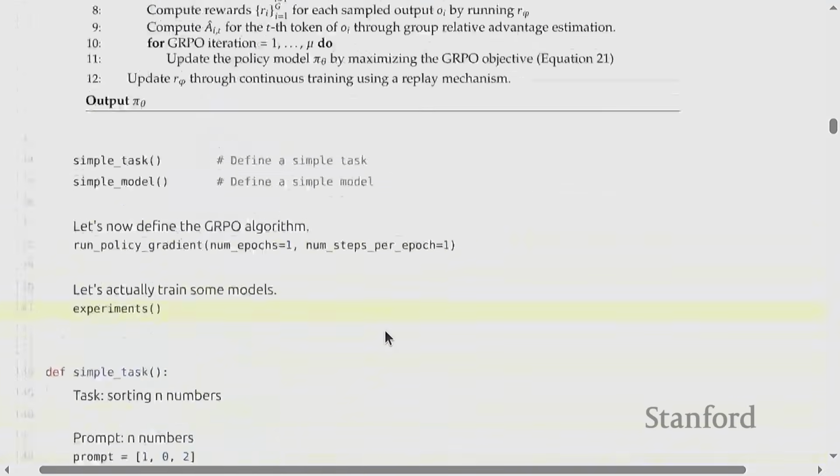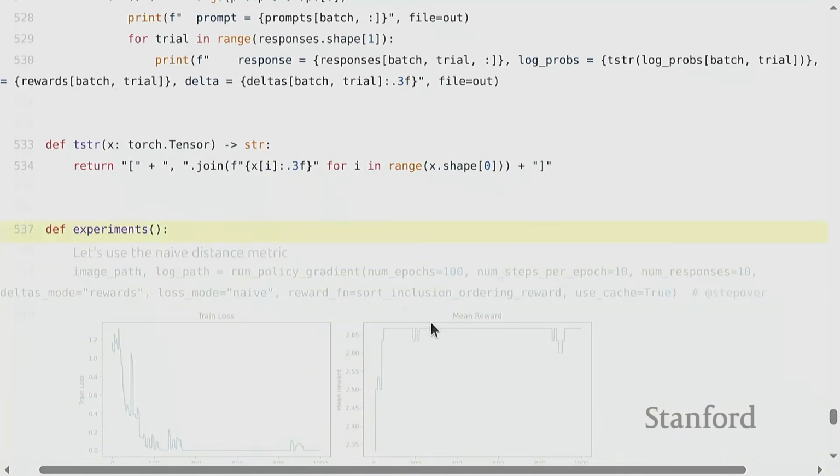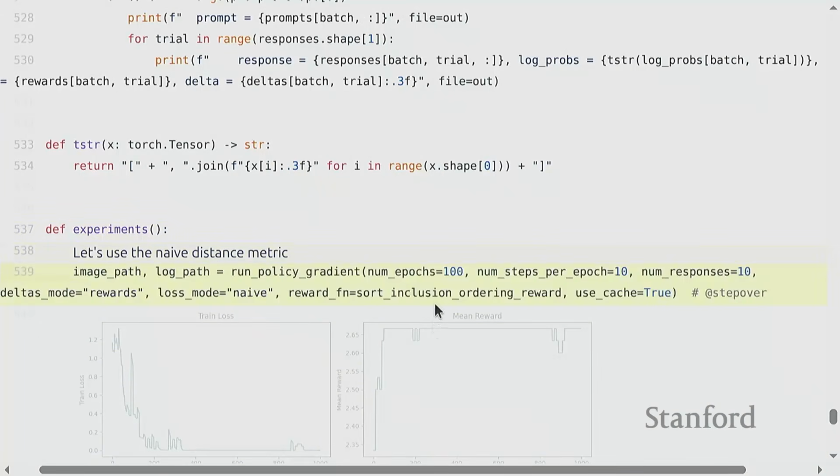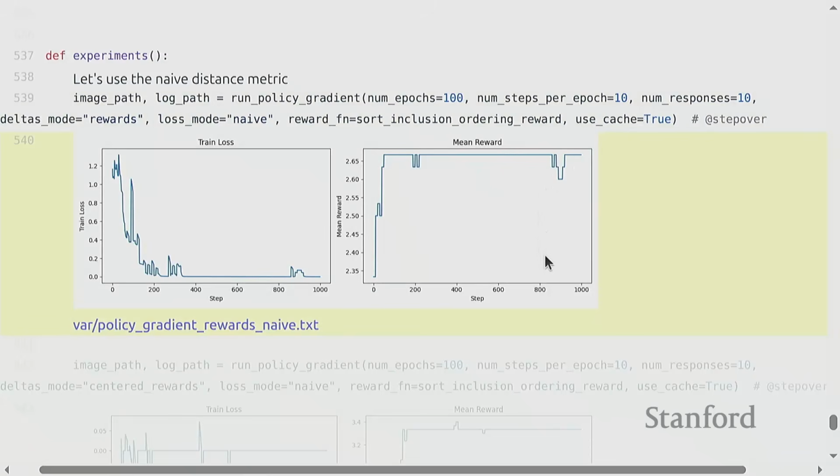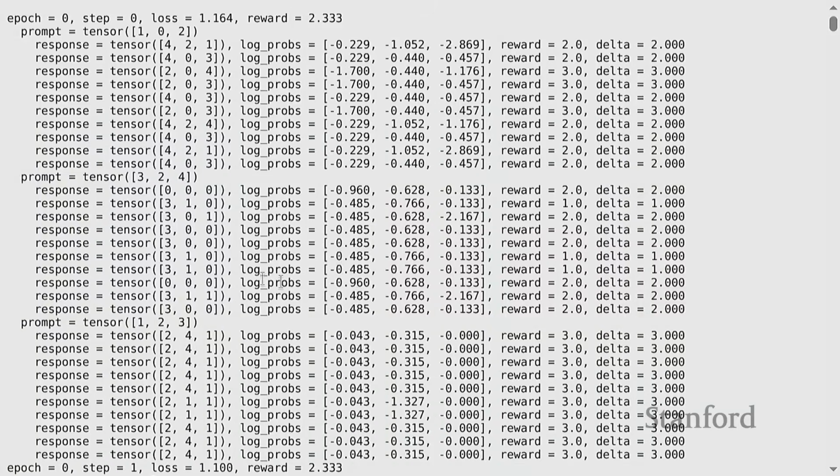Okay, so just to round this out a bit, let's run some experiments. You run the same piece of code that I presented, with 100 epochs and the number of steps per epoch at 10, and we see this learning curve. Let me walk through what this is doing. On epoch 0, step 0, we have this prompt.